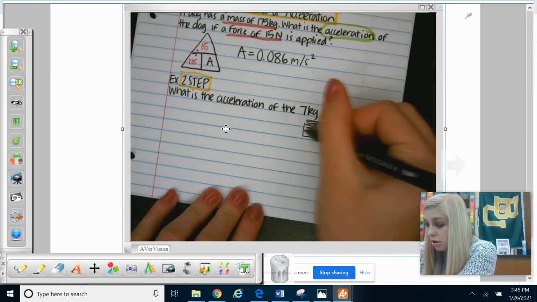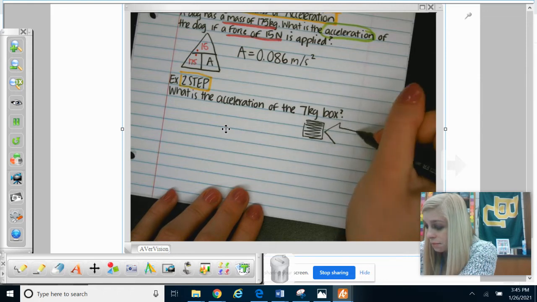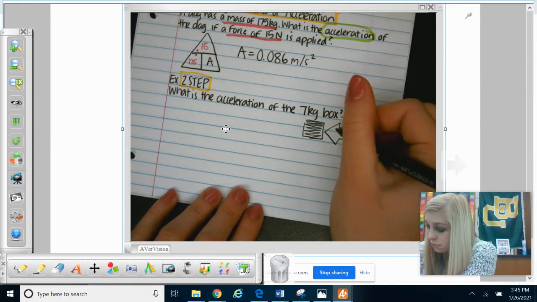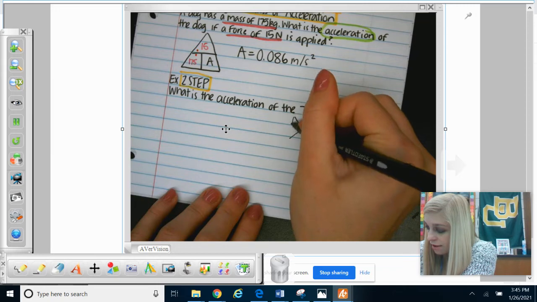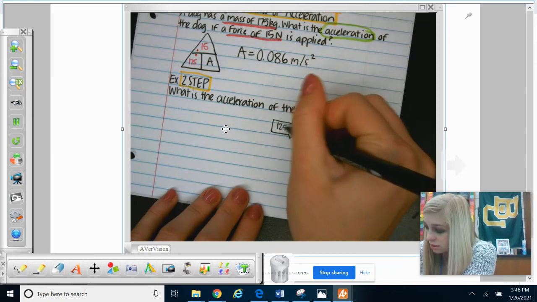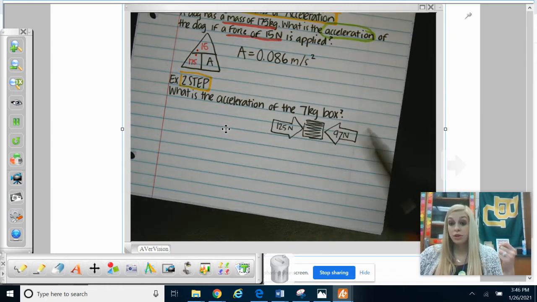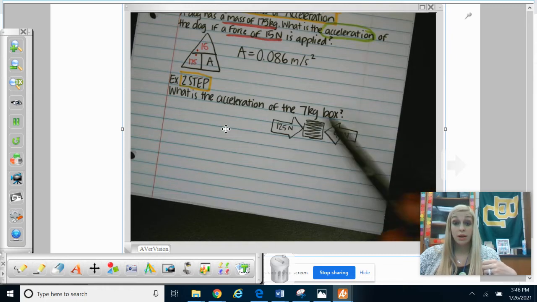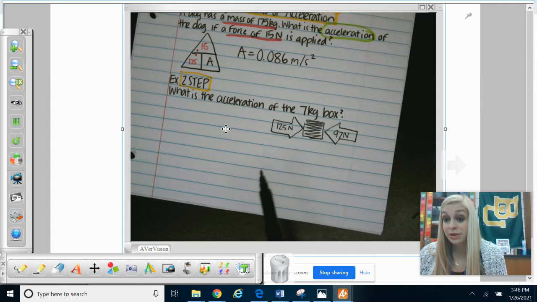So this time we're going to draw a box with a force of 97 newtons pushing to the left and a force of 125 newtons pushing to the right. So it's two-step because you only get one number in the problem, and then you have a picture. You can get force from this picture. You can get your other number.